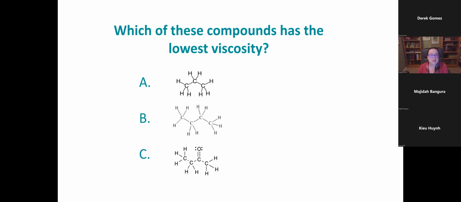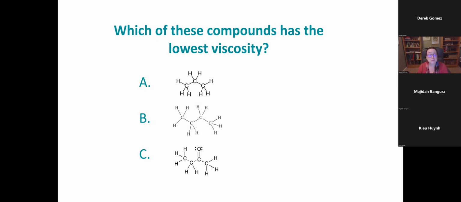It has dipole forces. A and B don't. A and B are only London dispersion forces. Okay? And if we're looking for low viscosity, we want the lowest forces. So it can't be that one. It can't be C, right? That's the one with the highest, right? You can see if you've picked C, you've thought about the question and got so excited about viscosity, you went to whatever you're thinking about, which might be the biggest when the question asks the smallest.